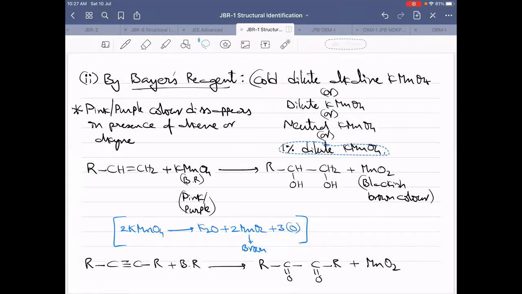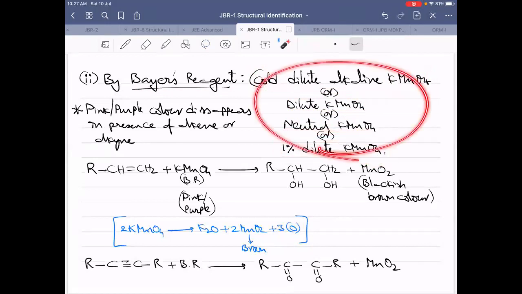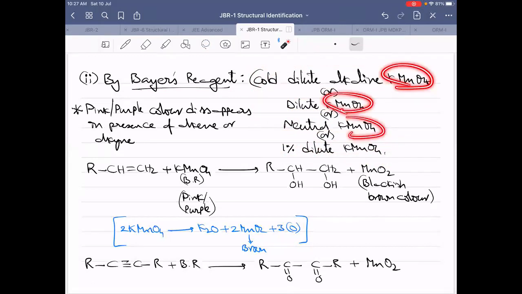The reagent is given in the form of dilute permanganate, not directly given as Bayer's reagent, or neutral permanganate or 1% permanganate. But whatever it is, what is common here? Permanganate. And this permanganate's pink or purple color will disappear if there is an alkene or alkyne. The same concept, only the reagent difference is there.